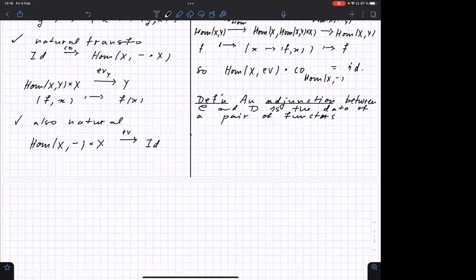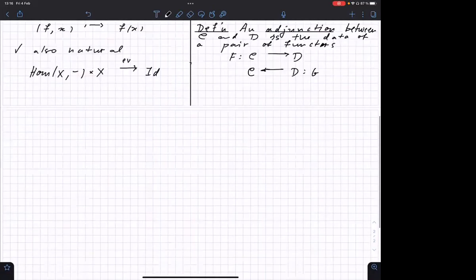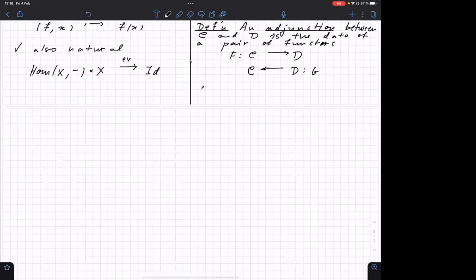So there's a functor F from C to D, and there's a functor G from D to C. So F is going to be on the left, G on the right. So one is called left adjoint, the other right adjoint. And so it's a pair of functors back and forth and natural transformations.